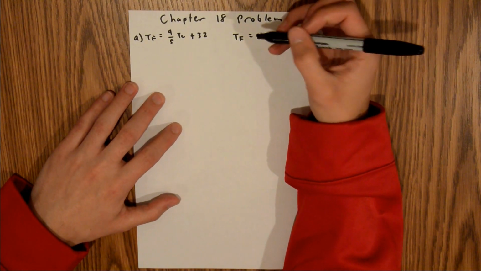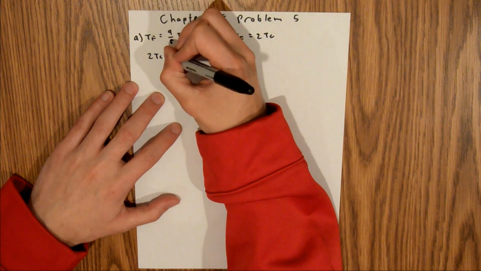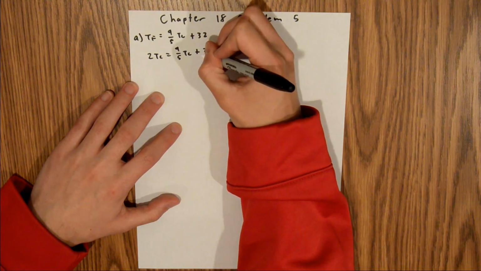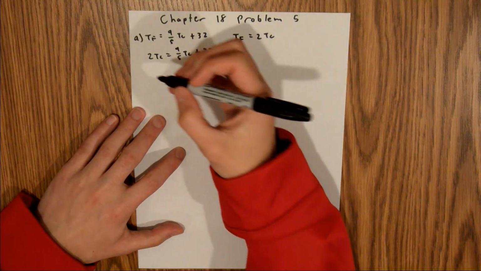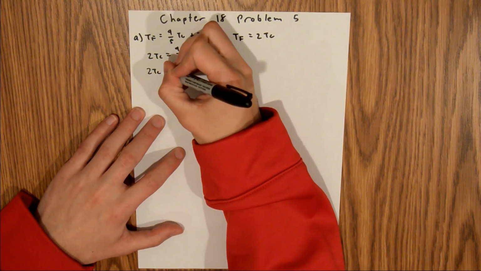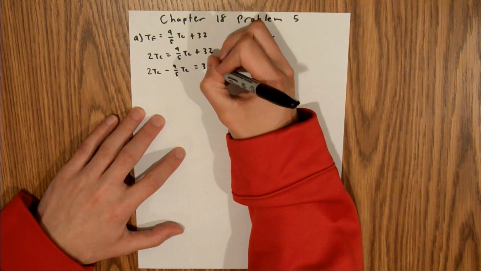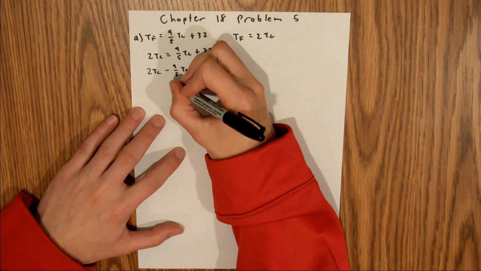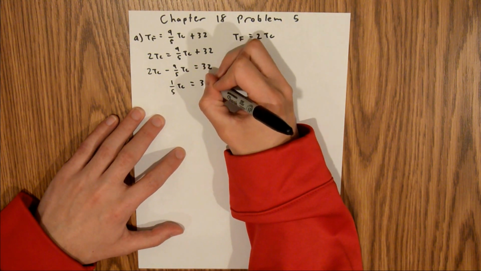And so we can just plug this right into here and say 2 TC is equal to 9/5 TC plus 32. And so we can move the 9/5 over to the other side by subtracting and say 2 TC minus 9/5 TC equals 32. And so 2 minus 9/5 is equal to 1/5 TC, which is equal to 32.